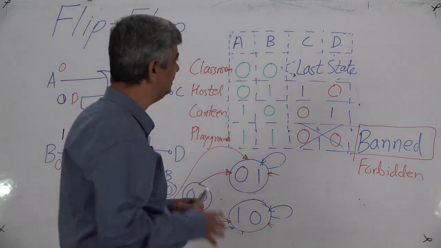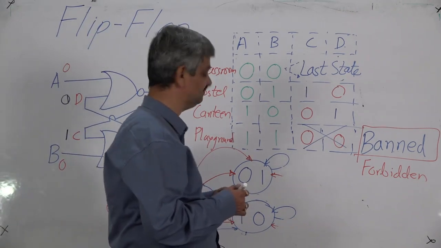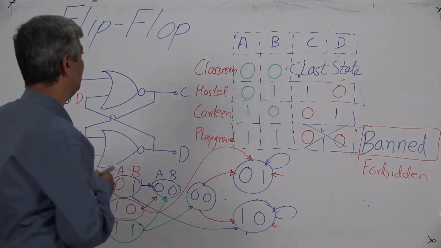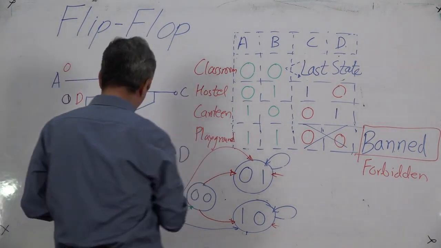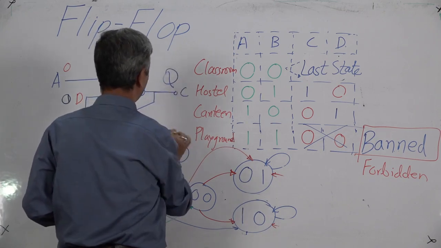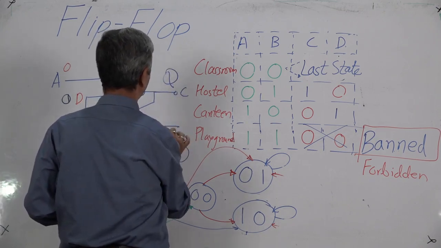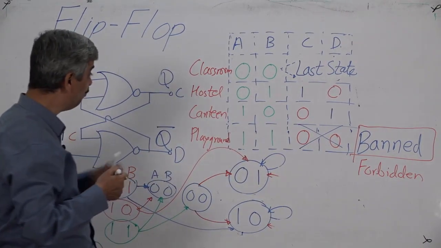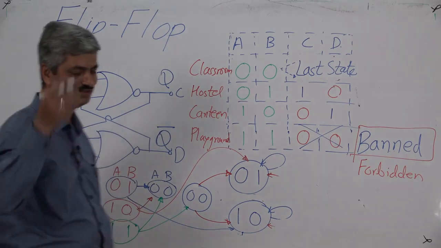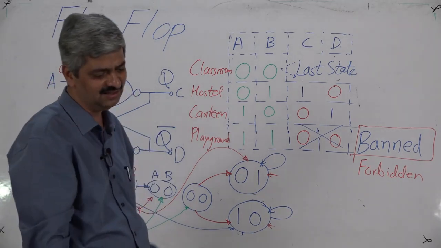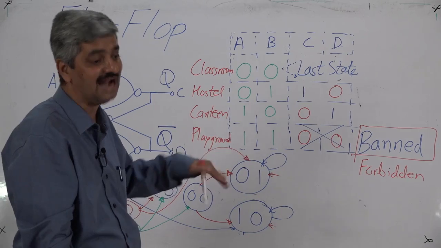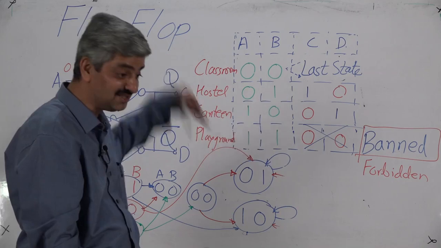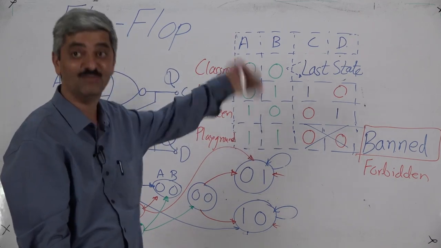Now in some literature you will find this flip-flop terminology, where C is marked as Q and this is marked as Q bar. This is because this state is not allowed. Means Q and Q bar you can name. In some books, maybe a few years back, they say that Q and Q bar both can't become 0, as if the flip-flop understands that names are given as Q and Q bar.